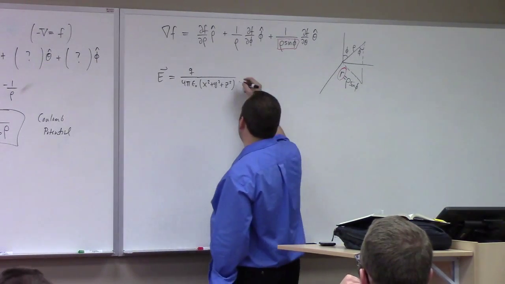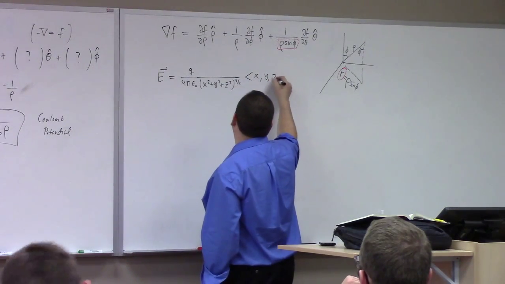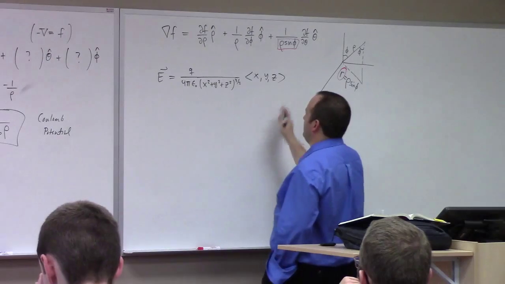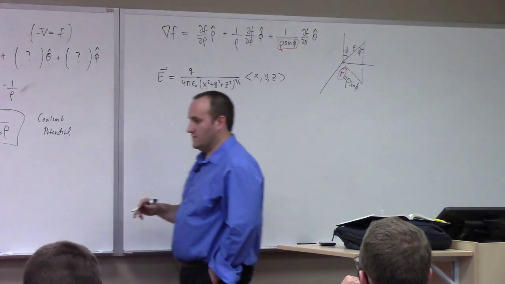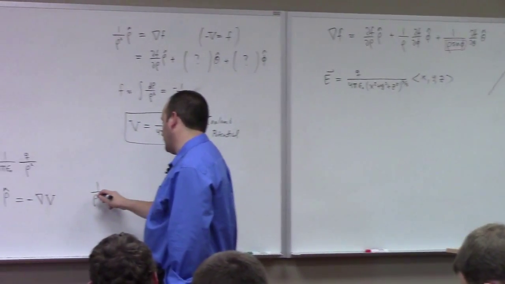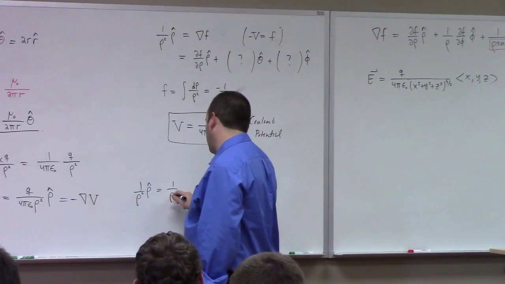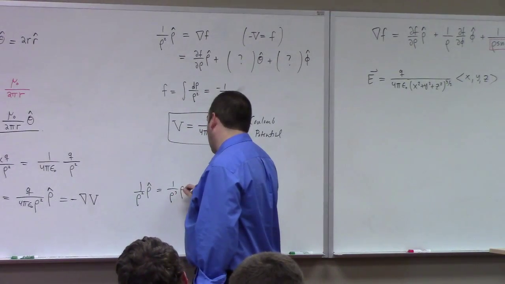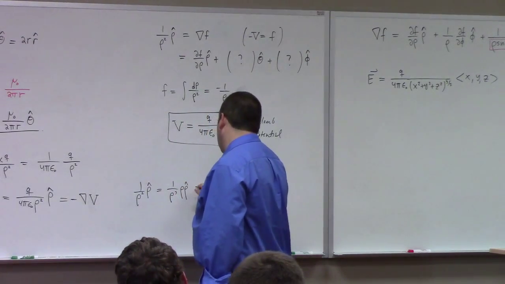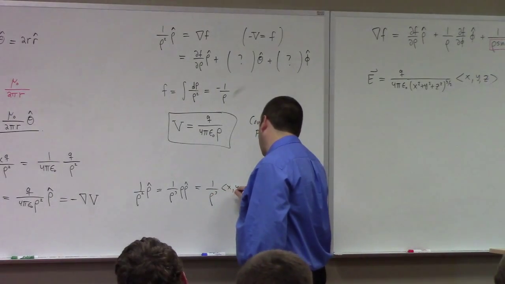So I can take this to the 3/2 power and write this as x, y, z. What I did here, guys, is to point out that if you can do 1 over rho squared rho hat, you can rewrite that as 1 over rho cubed times rho hat. And rho hat is just x, y, z.